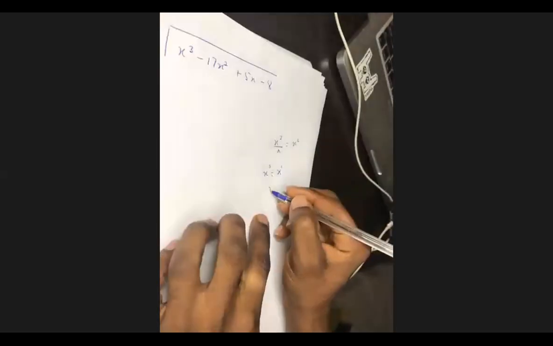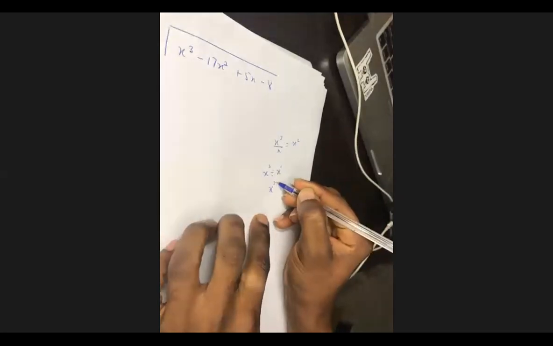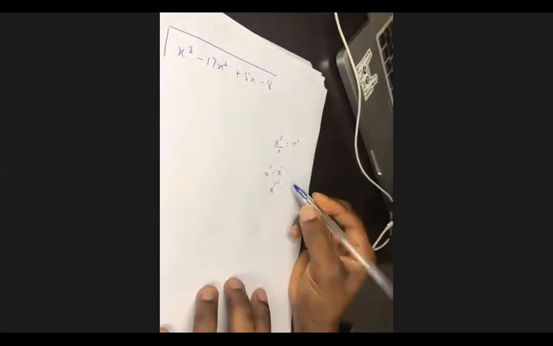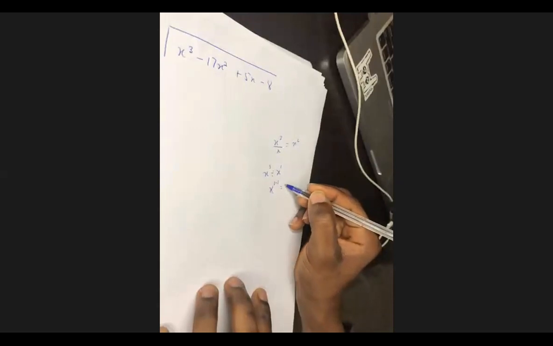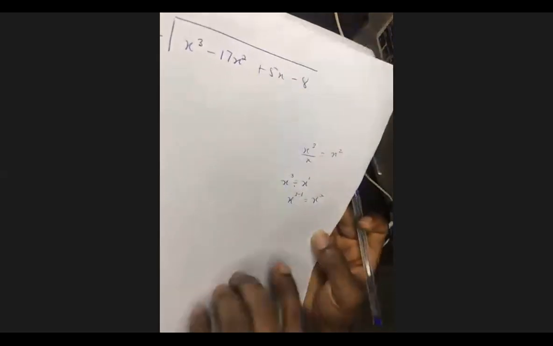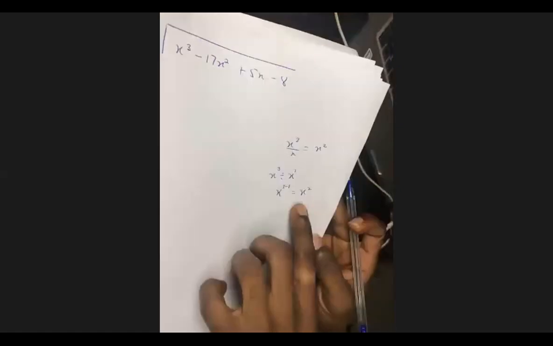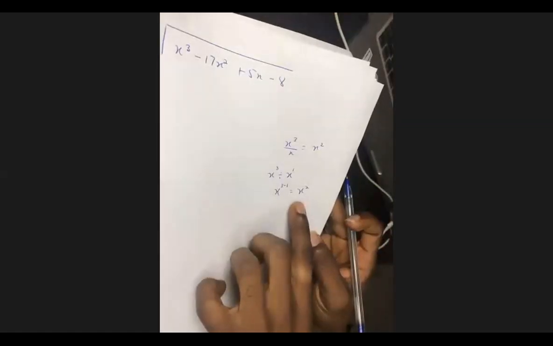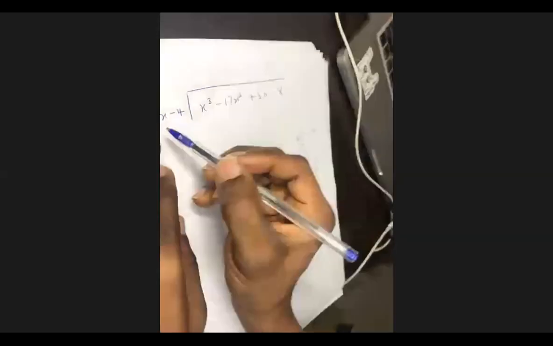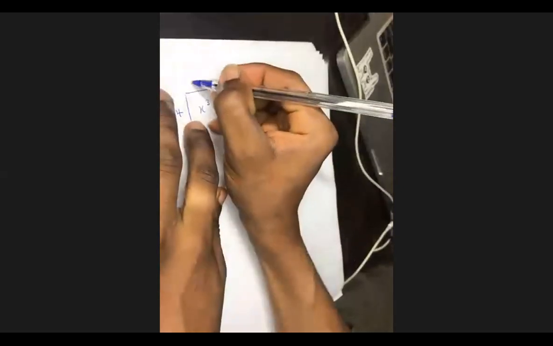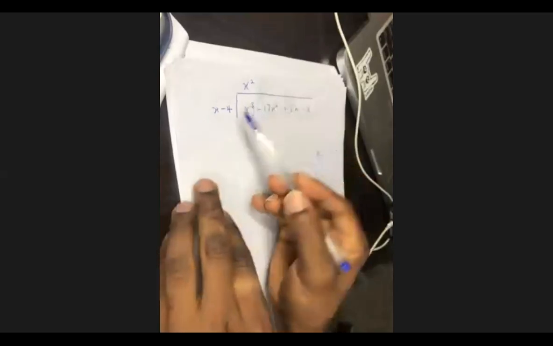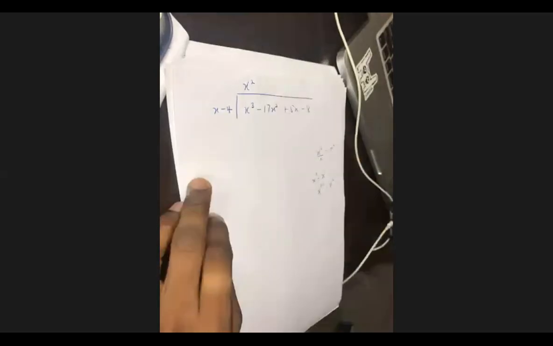So I have x raised to the power 3 minus 1. Now you know that 3 minus 1 is 2. So I have x raised to the power 2. Now x raised to the power 2 is the same as x squared. Do you get it? Yes, sir. Good. So here, x will go into x cubed, x squared.